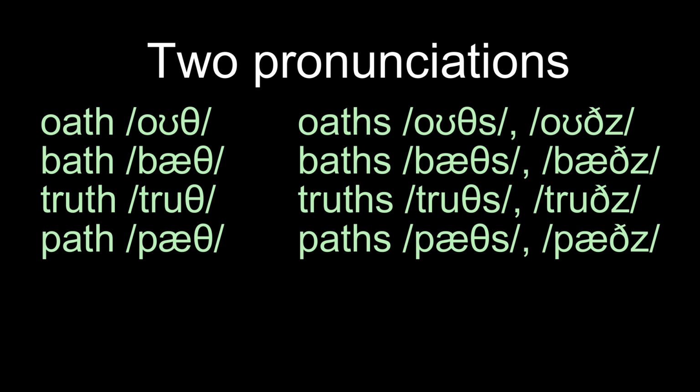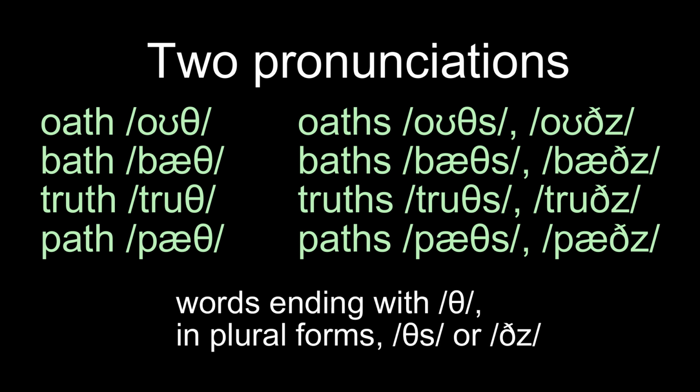Path, paths, paths. The singular form of these words all end with th. In their plural forms, they either end with the voiceless consonant cluster ths or the voiced consonant cluster thz.